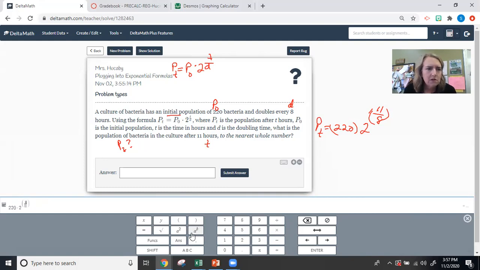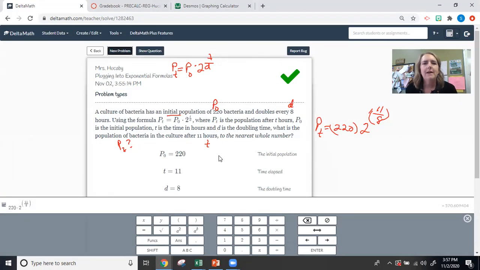And 11 goes on top. And then at the bottom, it is 8. And my answer is right over here. 570.609 to the nearest whole number. Well, that 6 is going to make it round up, so it's going to be 571. Is it right? Let's look and see.